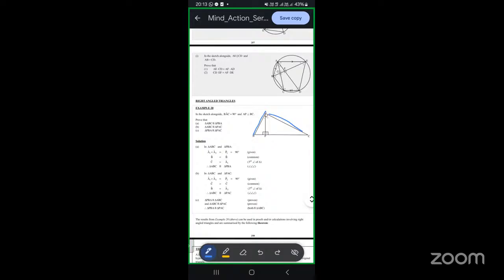For now, there is no theorem that we are required to apply or use. We're just proving the similarities using those angles. So the reason that you provide is when you state some equality between angles.